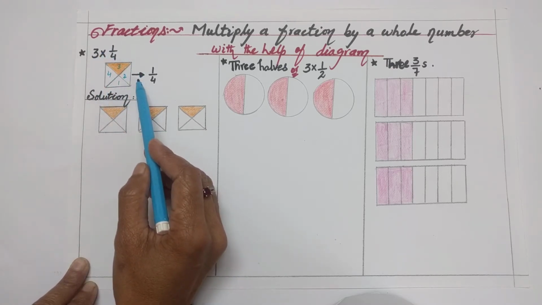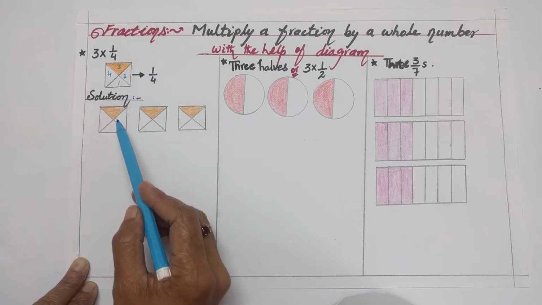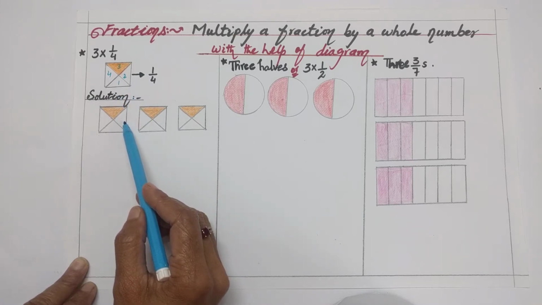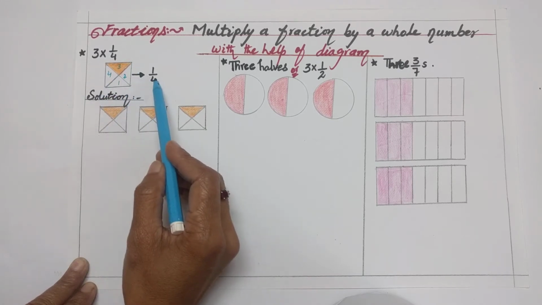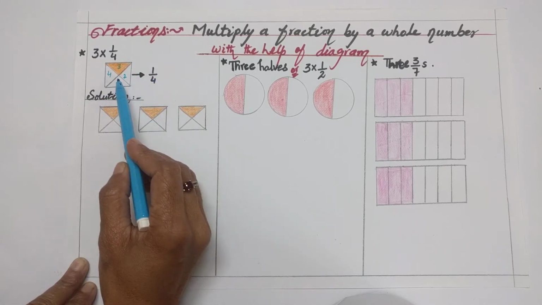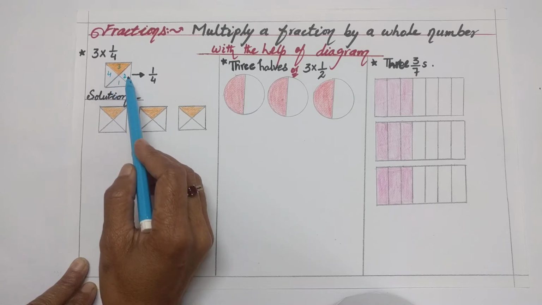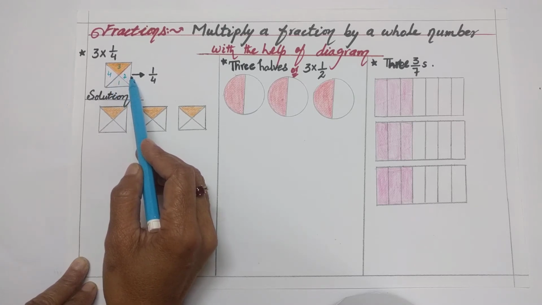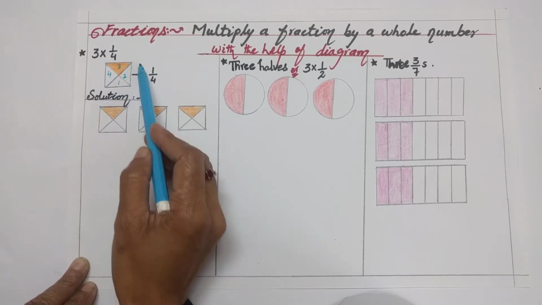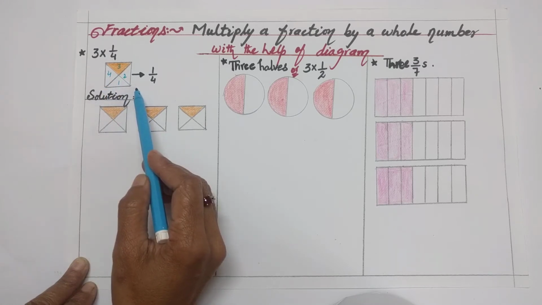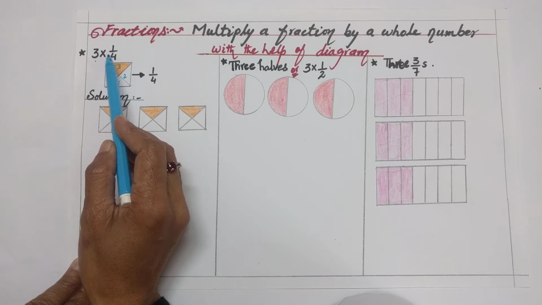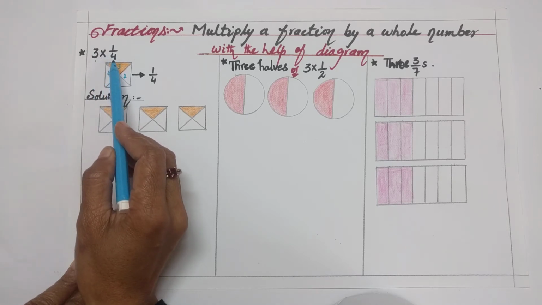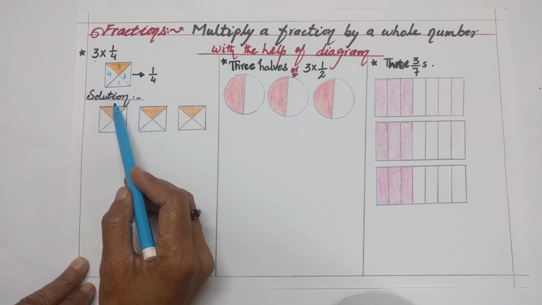To solve this example, we will take the help of the diagram. Our main diagram is this one, 1 by 4, one part is shaded and total parts are 4. So we have to use this given diagram 3 times, because 3 multiplied by 1 by 4 means 3 times 1 by 4. Come to the solution.